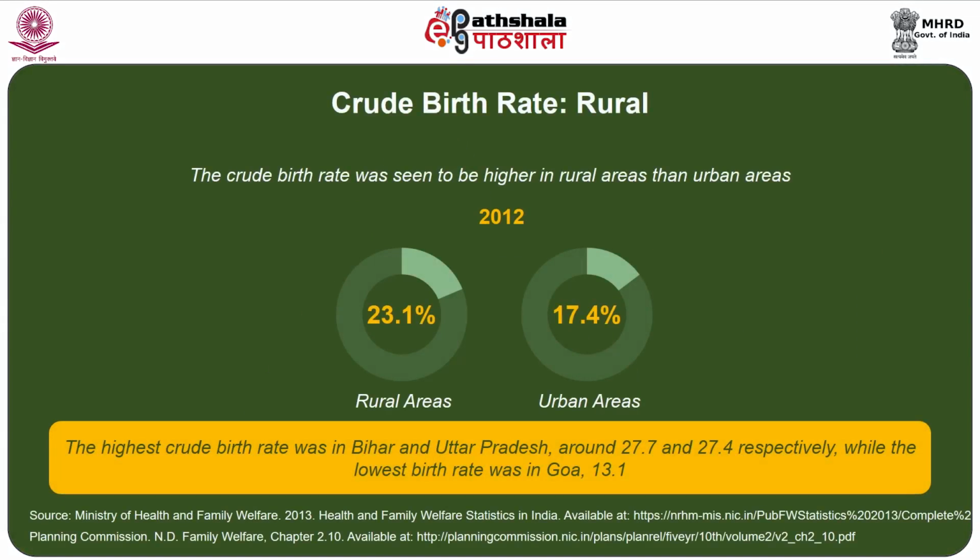It is very clear that the crude birth rate was relatively higher in rural areas than in urban areas, and the latest figure shows that fertility, as expressed through crude birth rate, is as high as 23.1 in rural areas, whereas in urban areas it is as low as 17.4. However, we have to keep in mind that states' performance for birth and death rates is of a different nature, especially for states like Bihar and Uttar Pradesh.